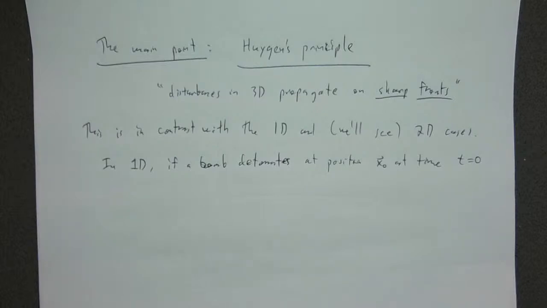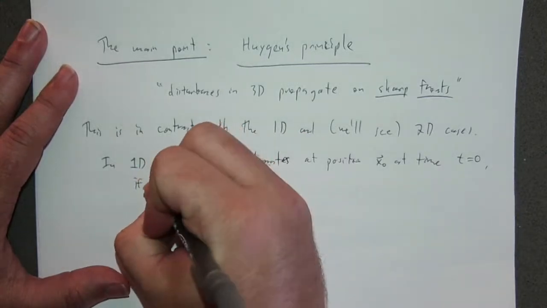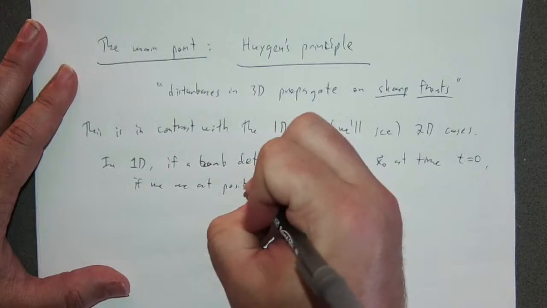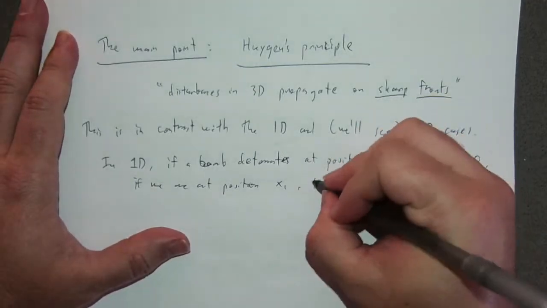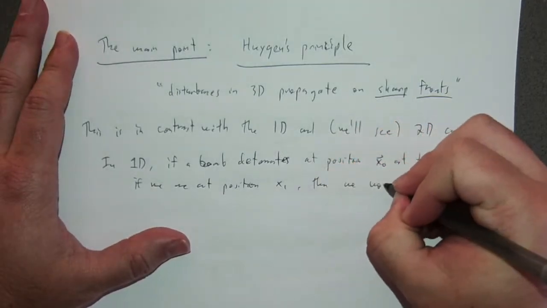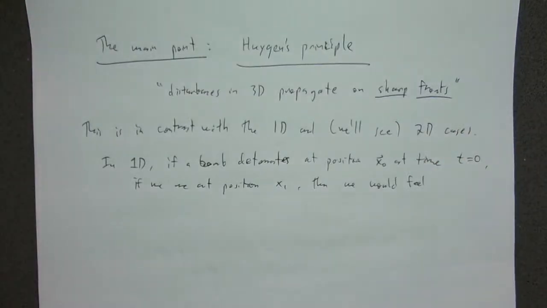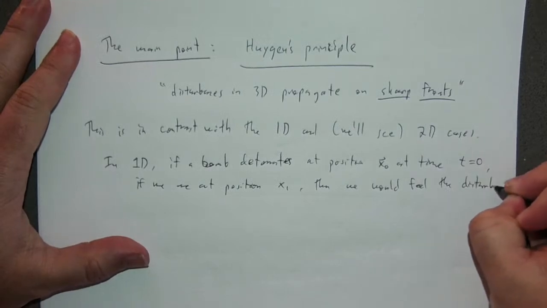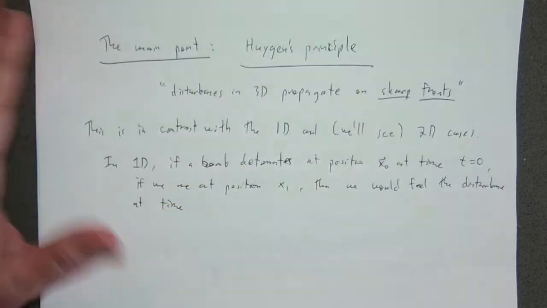What happens if we are at position, say, x1, then we would feel the disturbance at time, well, when would we?